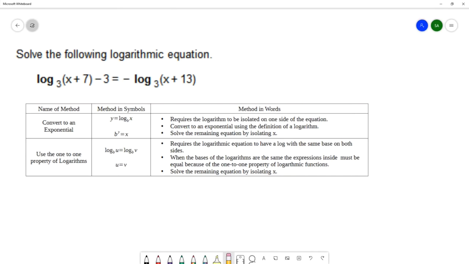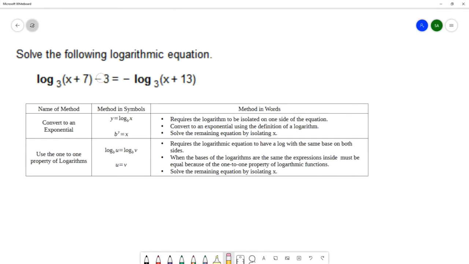As we look at the example that we have, you can see that this doesn't really fit into either of these. First, we notice that we have logs on both sides. However, this minus 3 throws a wrench into it fitting this format where you have a single log on the left and a single log on the right.